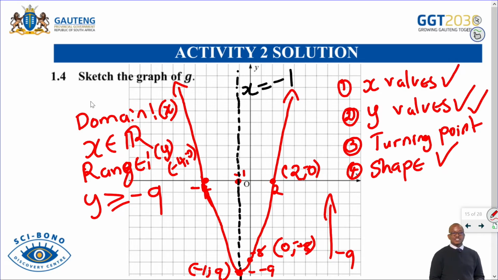So that's how you sketch the two graphs of a parabola, in two different methods, and how to identify their turning points, the x-intercepts, and also how to read their domain and the range. So that's how we sketch this type of function.